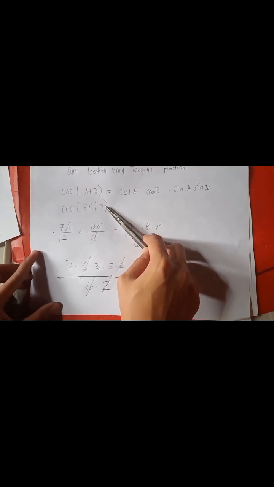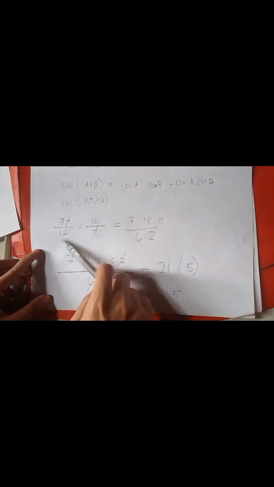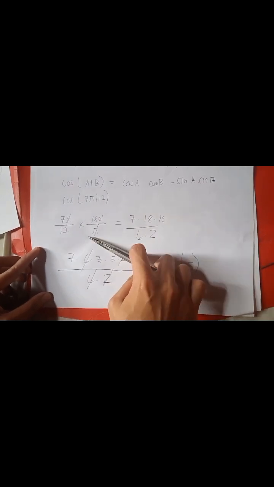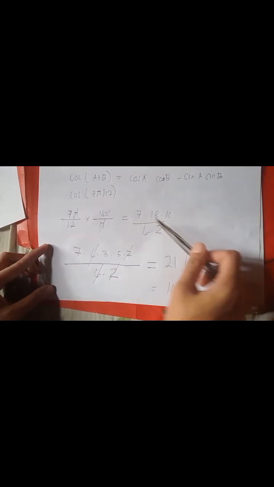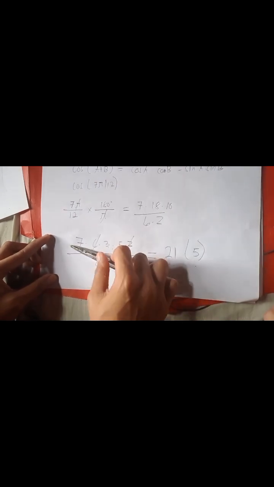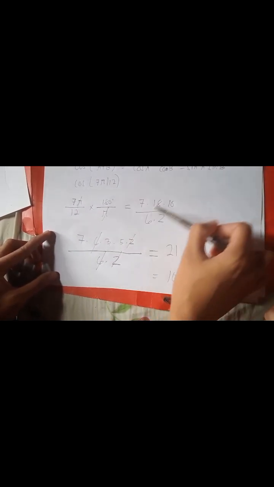So first, let us convert radians into degrees. So 7 pi over 12 times 180 degrees over pi. So let us cancel the pi, copy the 7. So we know that 18 times 10 is equal to 180 and 6 times 2 is equal to 12. So 6 times 3 is equal to 18. 5 times 2 is equal to 10.